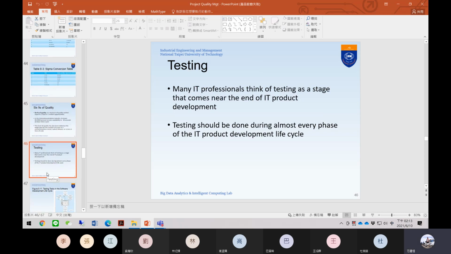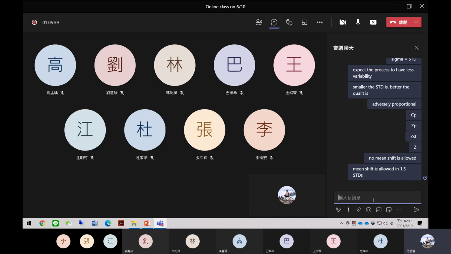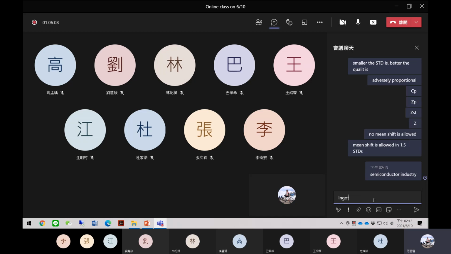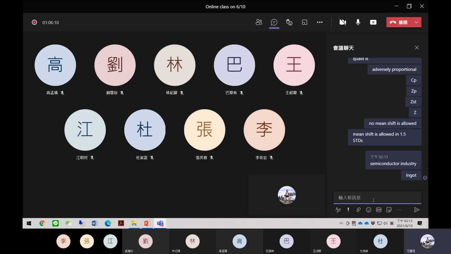Many IT professionals think of testing as a stage that comes near the end of IT product development. Let me give you an example: the procedure in the semiconductor industry. First of all, this is an ingot, the ingot of the wafer.